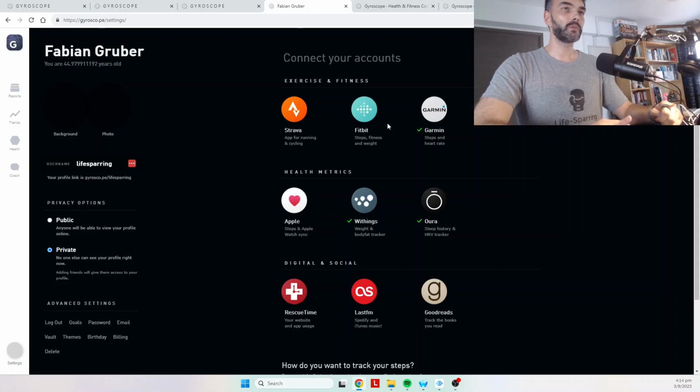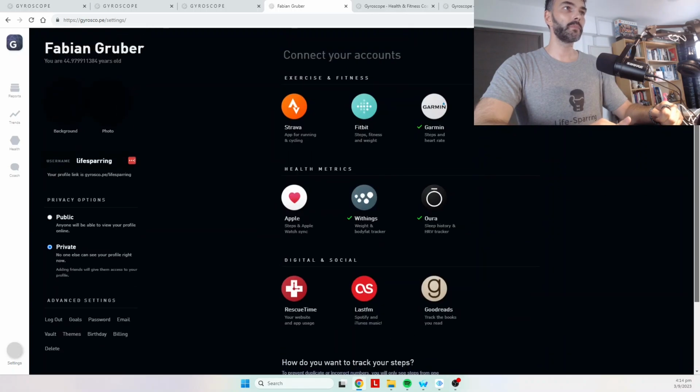So what Gyroscope is trying to do is to draw in data from a wide range of apps and then visualize this data, analyze it, show trends, show also cross relationship of different data points, and give you an assessment of your health score, and send warning signals if maybe something is deteriorating. And this is what data analytics should do, right?